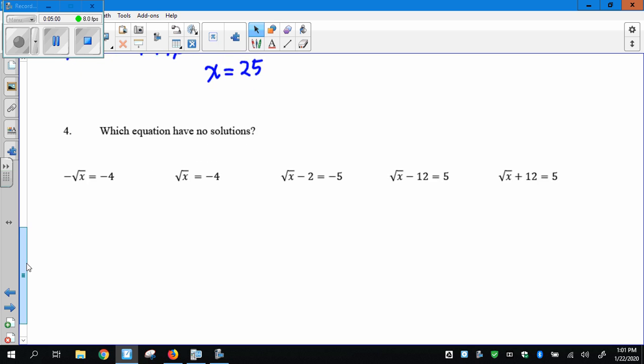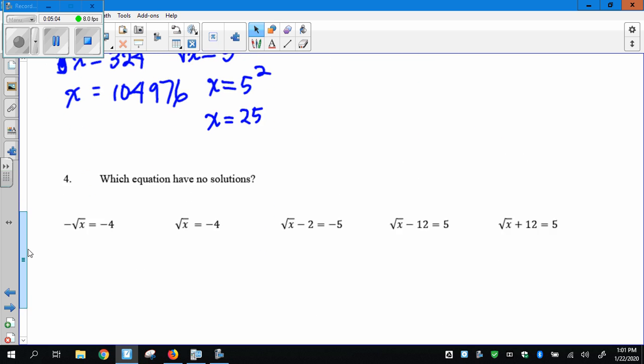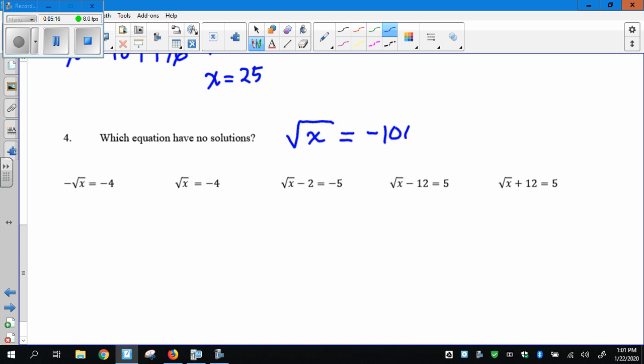The next set here asks which equations have no solution. Now, that comes from the fact that when you write a number this way, it means the positive square root of x. So if I say the positive square root of x equals negative 100, even though I can do negative 100 times itself, that number's not going to equal the positive square root of x.